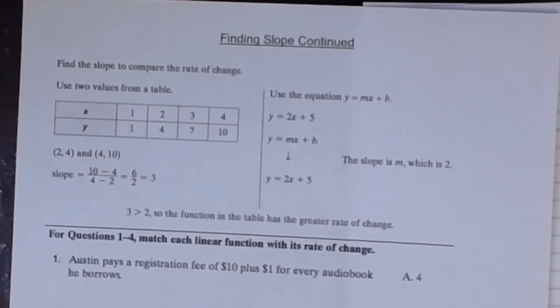You can just visually see which one's steeper. This is a lot steeper than this. What about these two? This one is a lot steeper than this because it's going down faster.